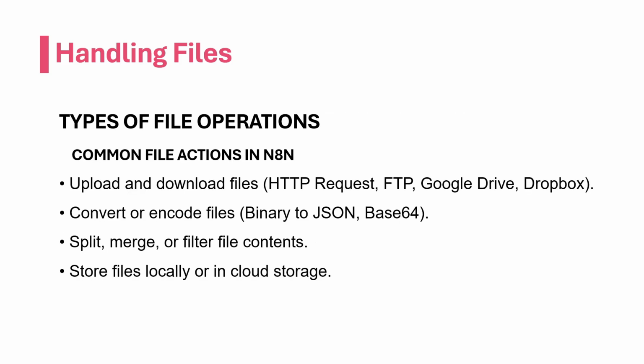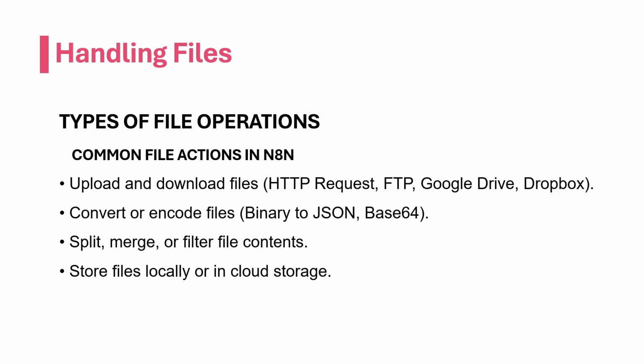There are many ways to work with files in n8n. So first of all, you can upload or download files from sources like Google Drive, Dropbox, or an FTP server. You can also convert files, for example, turning a CSV into JSON or encoding a file to base64 for API uploads.